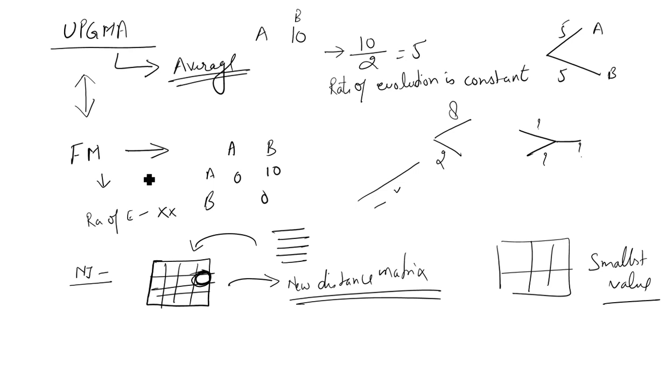So if I compare UPGMA, Fitch-Margoliash and the neighbor joining method, UPGMA is the very basic or simple method. The neighbor joining method is the complicated method.